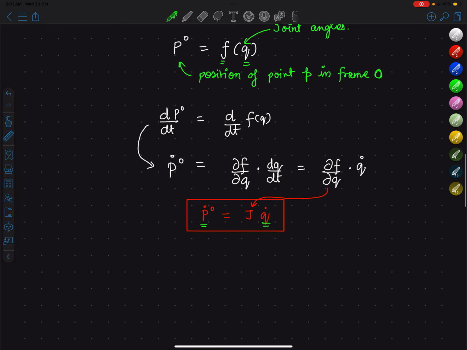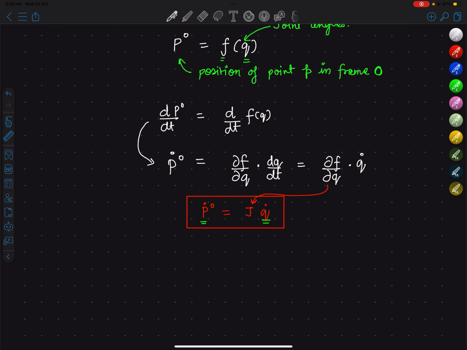To further elaborate this equation, you can write it as x dot naught equal to J times theta 1 dot, theta 2 dot, up to theta n dot.